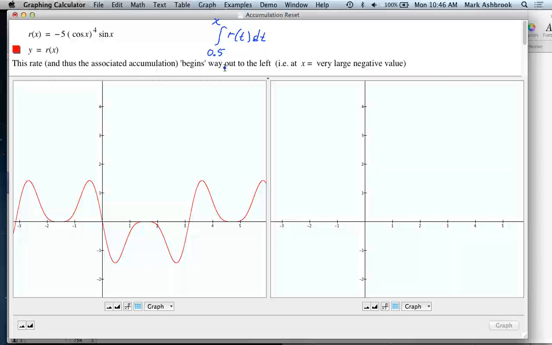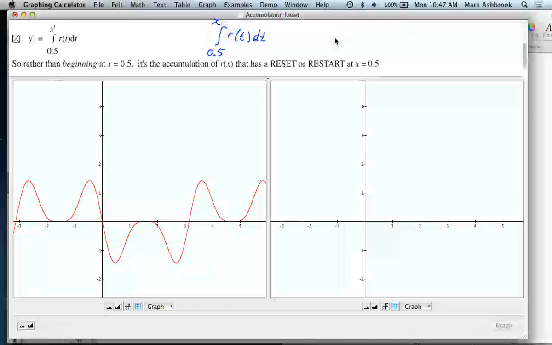So how can we think of what this 0.5 is? It's like a reset, like a restart. What's gonna happen at 0.5? Well, we've started accumulating way out there, so it's gonna be 0. Rather than thinking of this as beginning accumulating at 0.5, we can think of the accumulation function Rx as having a reset or a restart at 0.5, because we know it's going to be 0 there, right?